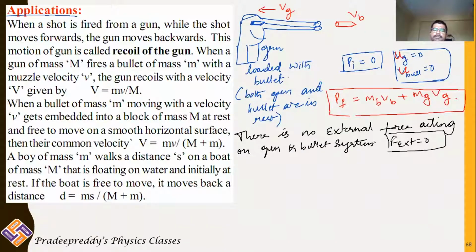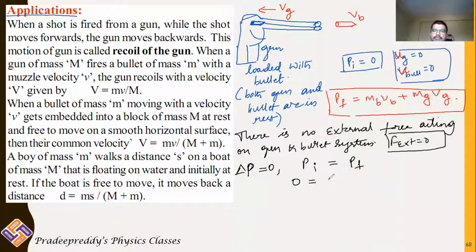So when the external force acting on this system is equal to 0, what do we write? Delta P, change in the momentum, will be equal to 0. Therefore, initial momentum should be equal to final momentum. But what is initial momentum? Initial momentum of the gun and bullet system is equal to 0.